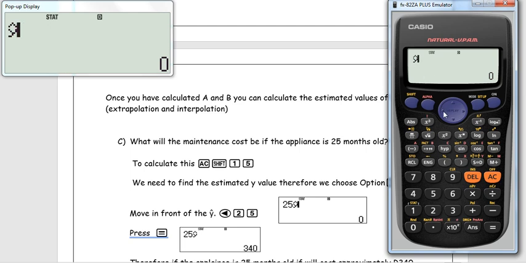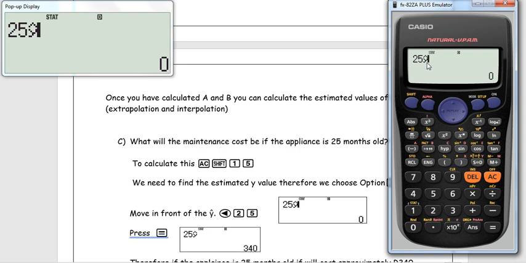So therefore, I'm going to use my replay button to move myself in front of that estimated Y. And I'm going to tell my calculator, my appliance is 25 months old. I am wanting to know what my rand value for my maintenance cost is going to be. So what this is asking our calculator, if it is 25 months old, what will my maintenance cost be?